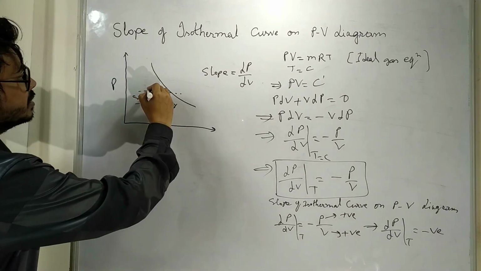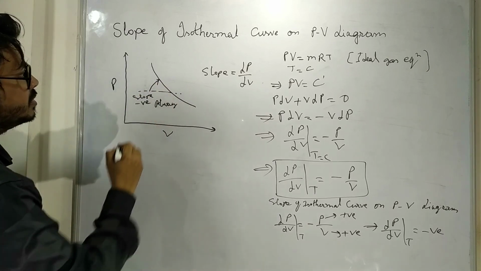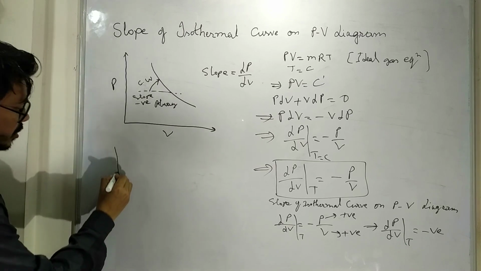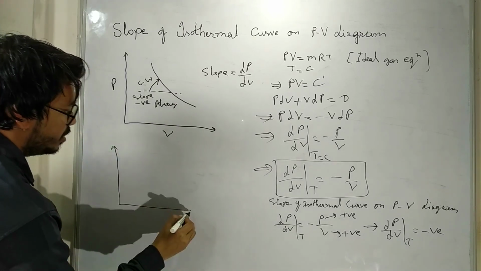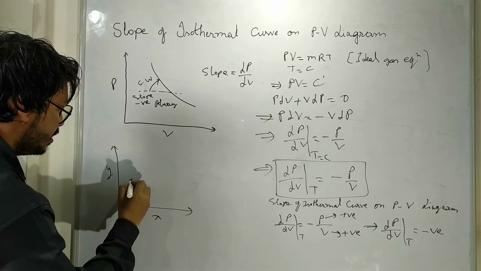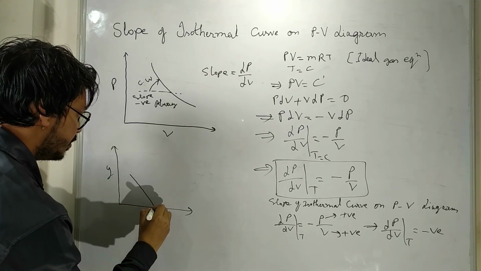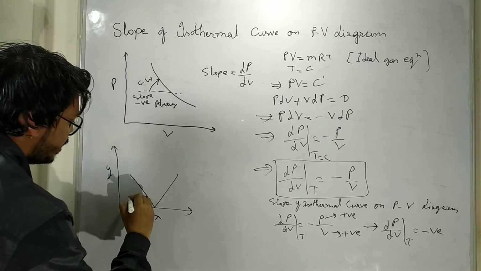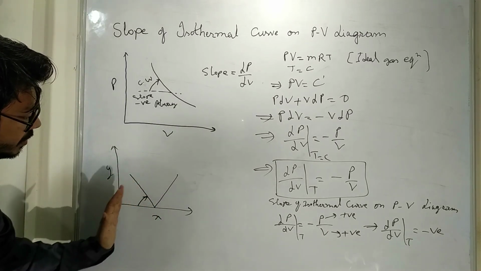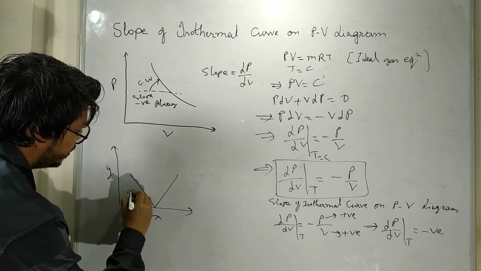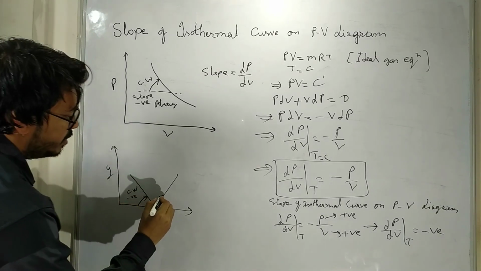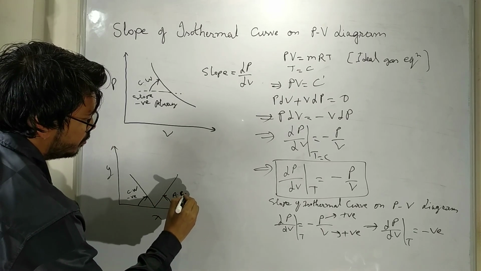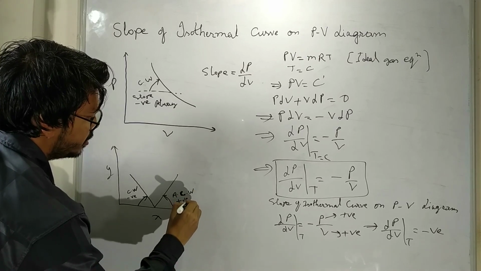And this negative slope is clockwise. We know that this is y, this is x. Let us consider these two lines. This is a clockwise slope, so negative, and this is an anti-clockwise slope, so positive.